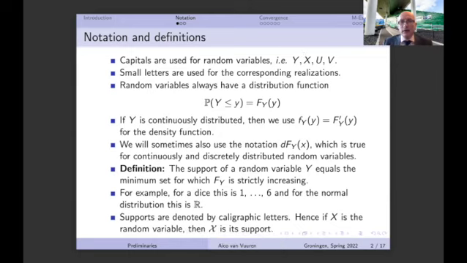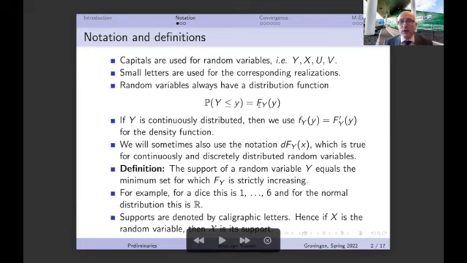But as I already said, random variables have probabilities. And one of the most important probabilities is related to the so-called distribution function. The distribution function is nothing else than the probability that Y is smaller than or equal to this realization little y that we have over here.